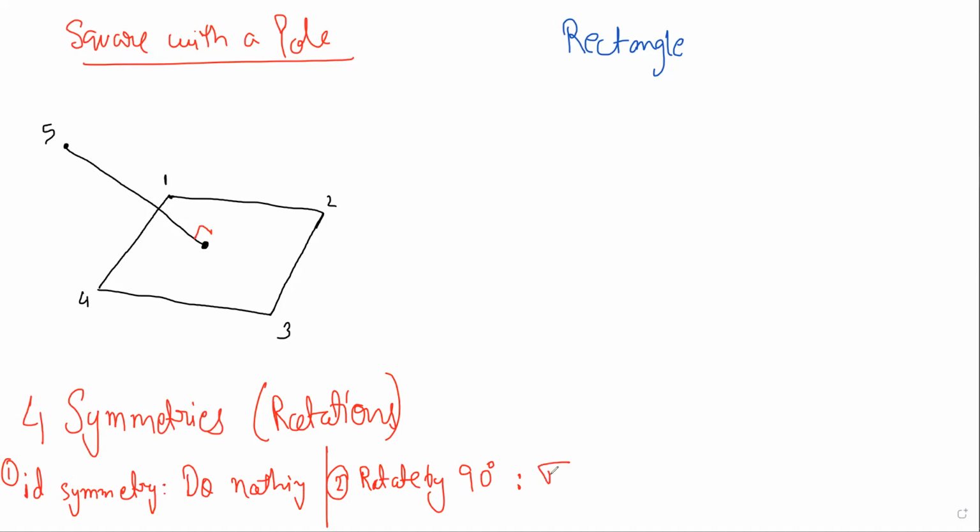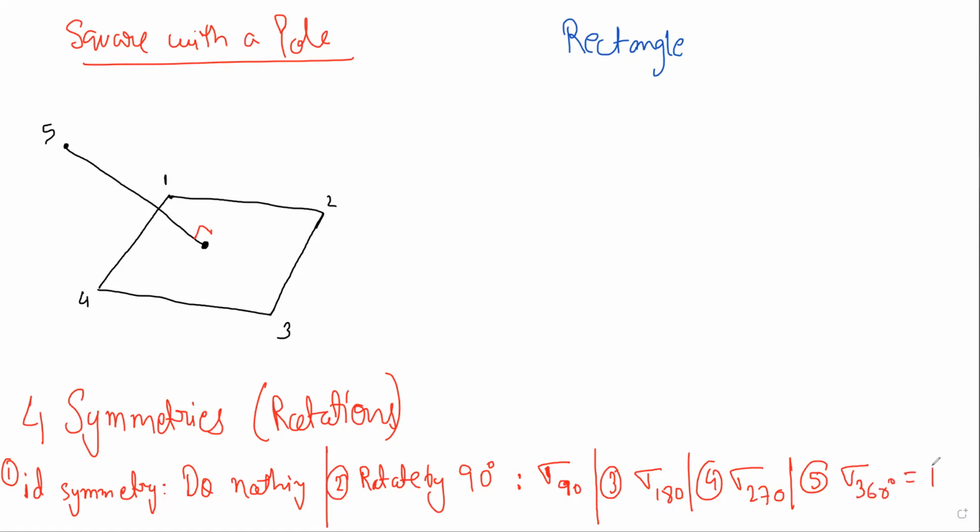Let me call this sigma 90, rotating by 90 degrees. And then similarly, there is sigma 180, sigma 270. What is sigma 360?